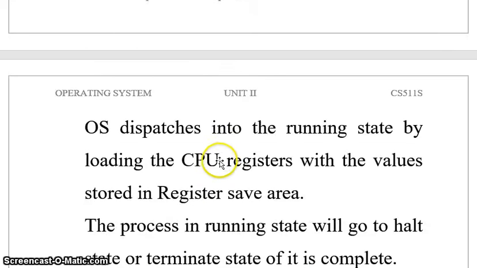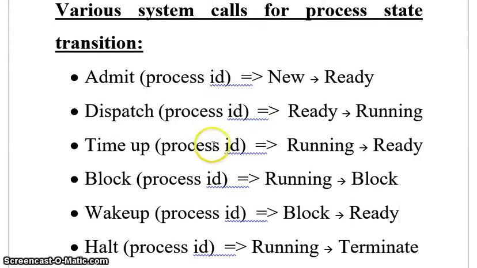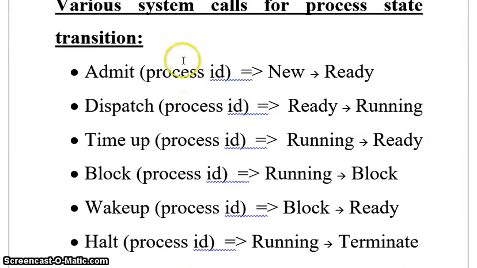So that we are going to see in these system calls. For admit, we are giving a process ID. For each process, we will be having an ID, starting from 0. So it can be 0, 1, 2, 3. So which process is going from new to ready state, that is admit.